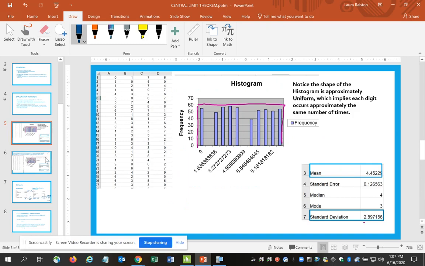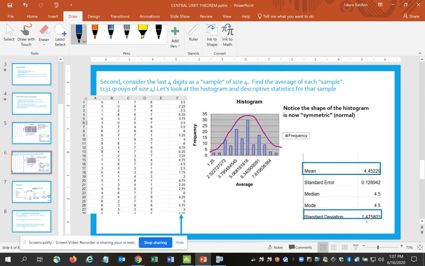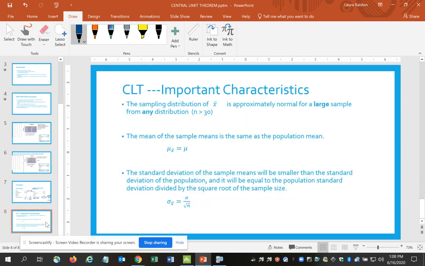And again, we saw that because we went from a uniform distribution to virtually one that was symmetric or normal. So that's the first thing: any distribution, if you have a large sample and apply the central limit theorem, will become approximately normal.